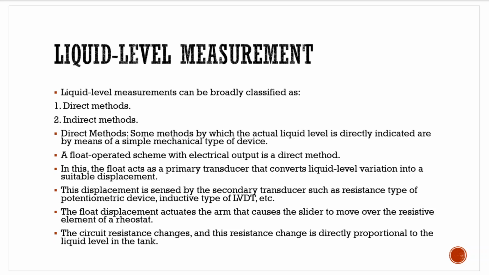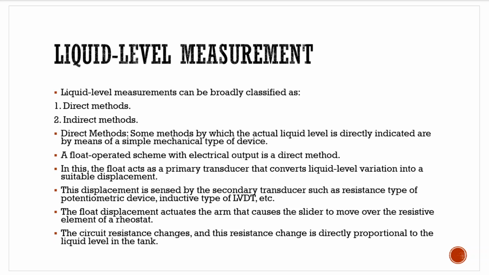In case of direct methods, the liquid level can be directly indicated by means of a simple mechanical type of device. It will be a float operated device being operated electrically, and this float, a floating device, can be the primary transducer. That's the primary sensing element that will convert the liquid level measurement into a suitable displacement, either a linear displacement or a rotary displacement.